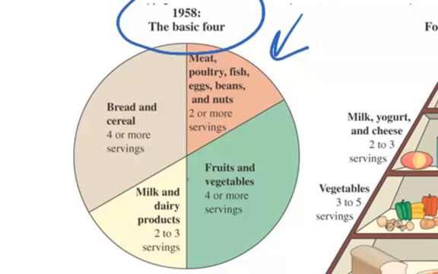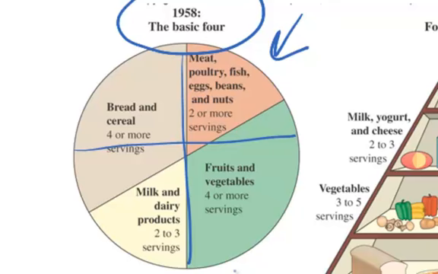I remember it being 4 even pieces of the pie, but apparently it was supposed to be 2 larger and 2 smaller, but honestly I don't remember the size difference. The point was that you should be eating a variety of foods, more servings from bread and cereal and fruits and vegetables than milk and dairy and meat and poultry, to get people the concept that you need all 4 food groups, as labeled at the time, to have a healthy diet.